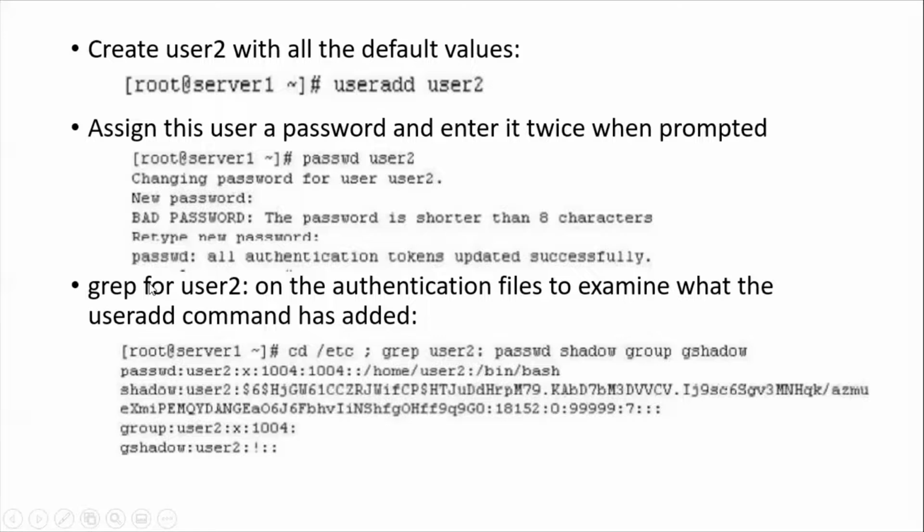Now, after creating this user, we will grep the 4 authentication files, which we learned in the previous chapter, for user2 to examine what the useradd command has added. We change our directory to /etc, then grep user2 in the passwd, shadow, group, and gshadow files.